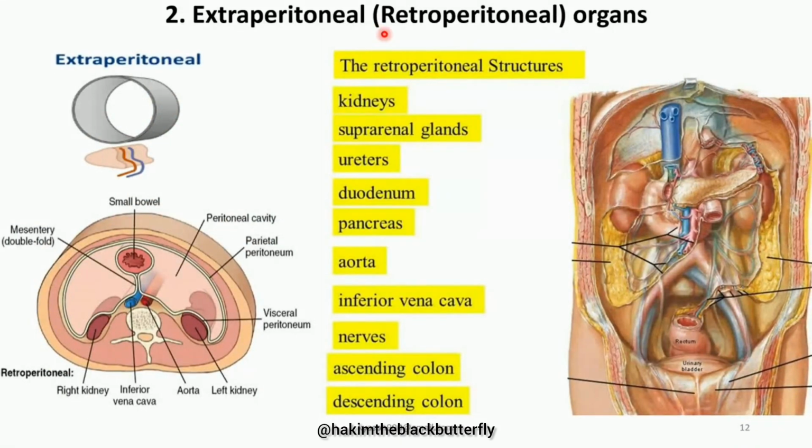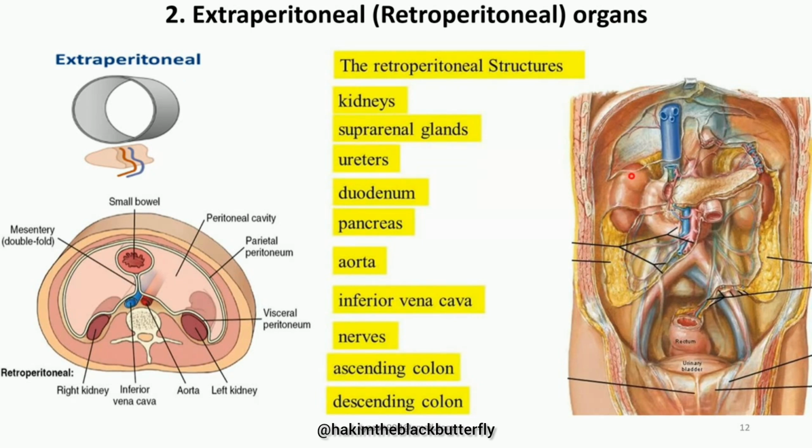Then we have the retroperitoneal structures, or you can call them extraperitoneal structures. These are behind the parietal peritoneum, and they are lying against the posterior abdominal wall. Obviously, you can see that we have the kidneys.